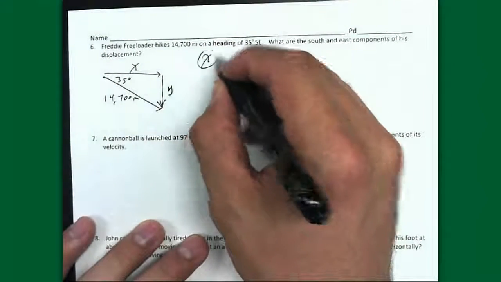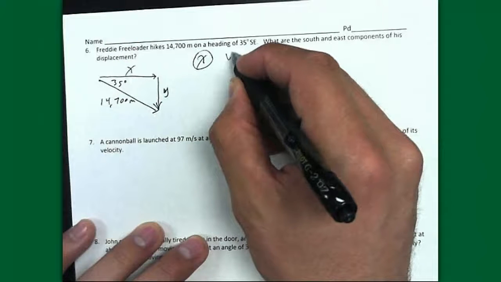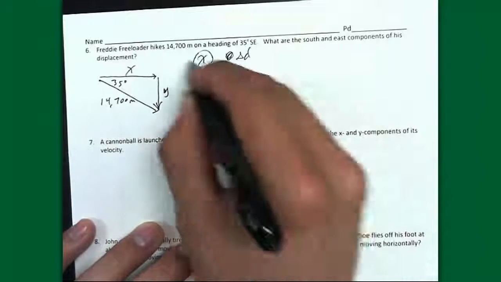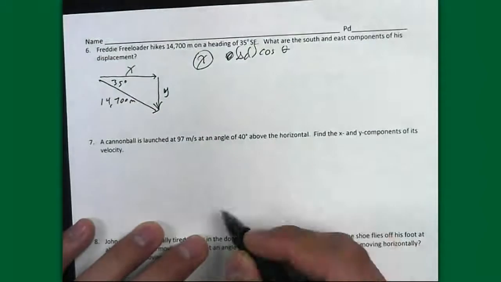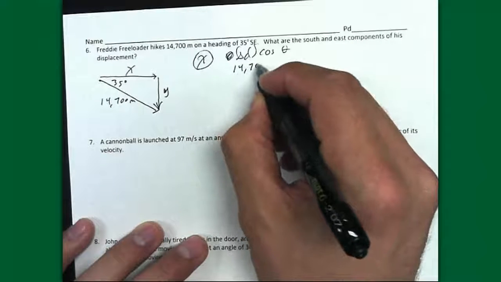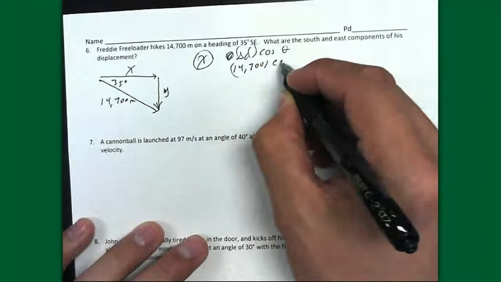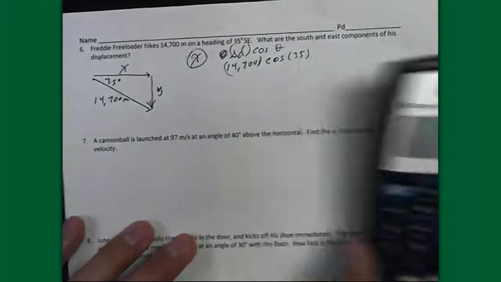So, to find the x component, remember that x is v. Well, we'll call this delta d because this is a displacement. Delta d times the cosine of the angle. That's all we have to do. Delta d is 14,700. Cosine and the angle is 35.